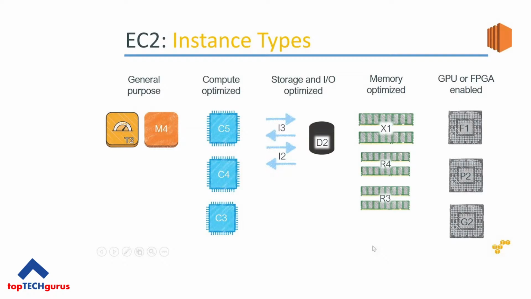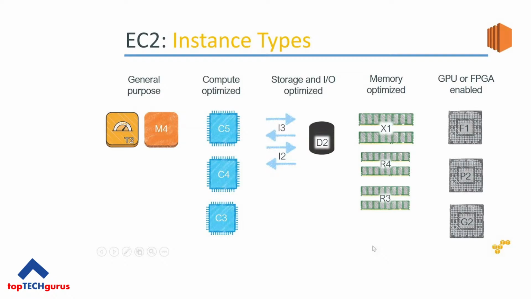The memory optimized is where there's a lot of in-memory information that is being processed. For this, there are X1, R4, R3 type of memory optimized EC2 instances that AWS provides. Memory optimized are used for applications that have a lot of information in memory.